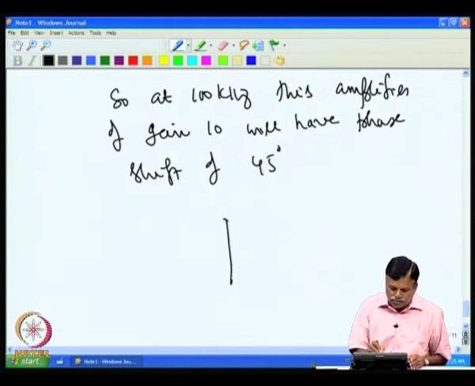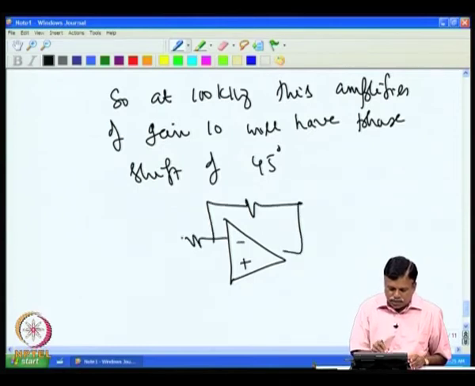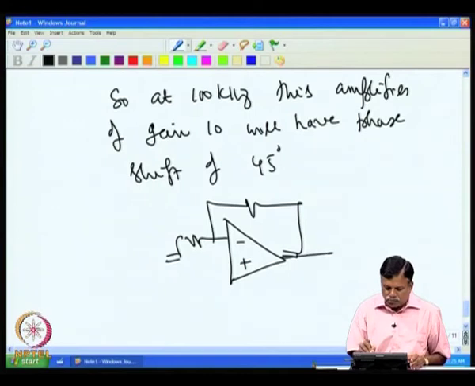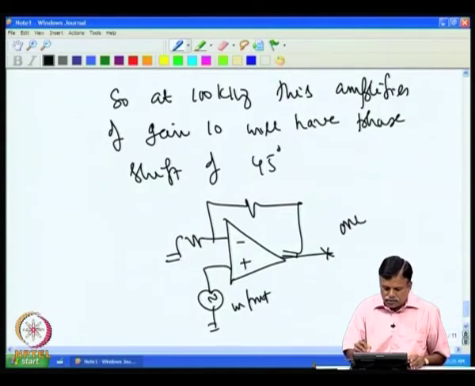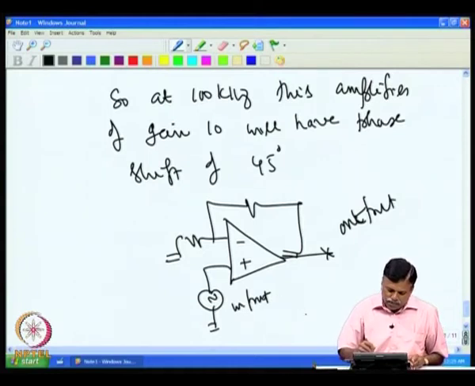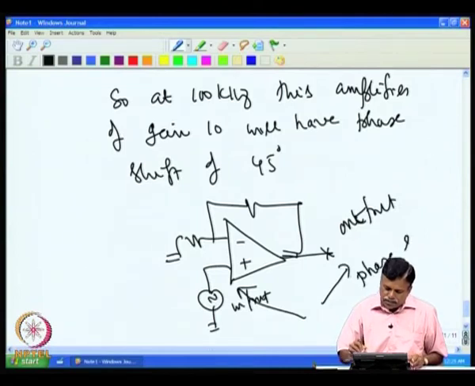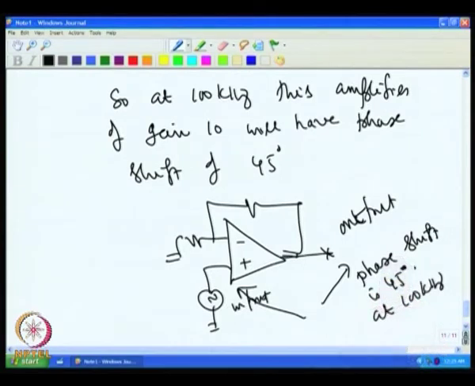That is, if you look at the amplifier with gain 10, and if it is a 741 of gain bandwidth product 1 megahertz, then this is the input and the output is here. The phase shift between this and this will be 45 degrees, because it is at 100 kilohertz.